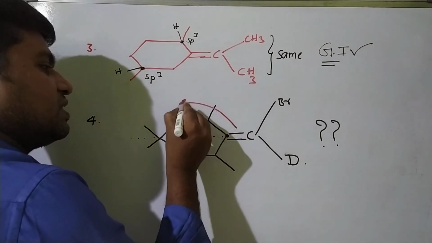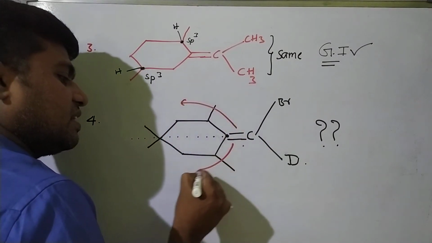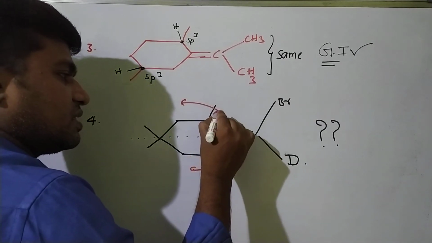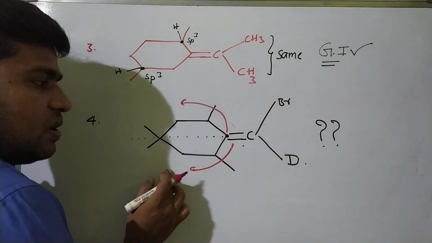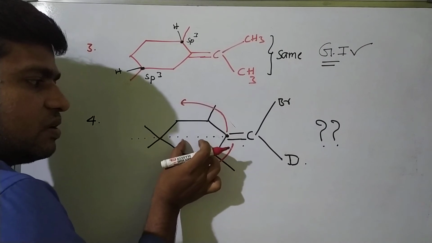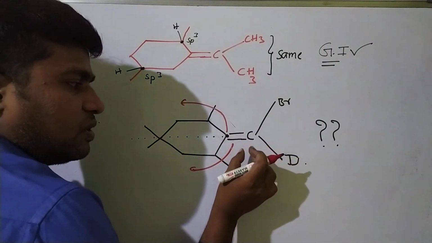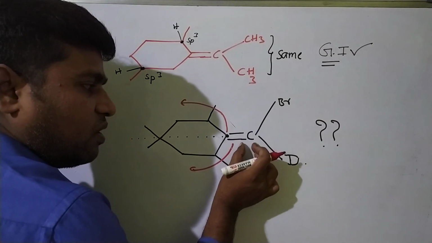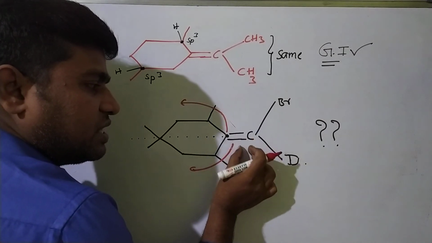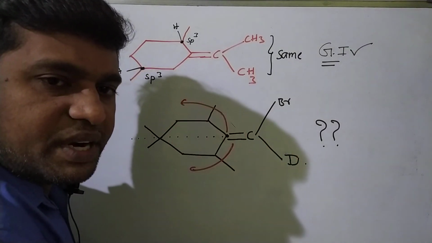So in this direction and in this direction, with respect to this double bond carbon, they are the same. So according to this carbon-carbon double bond stereo center, this compound will not exhibit geometrical isomerism.